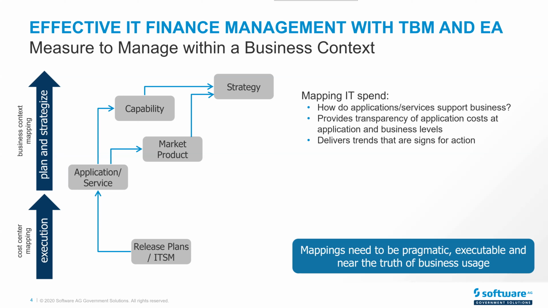From a business context, what we see on the EA side in mapping IT spend is that we start at the bottom, looking at releasing systems and services out into the production landscape. Those released services and plans are mapped and aligned to applications and services. Going further up the chain, the applications are then aligned to the products that you are offering to your stakeholders or constituent markets.